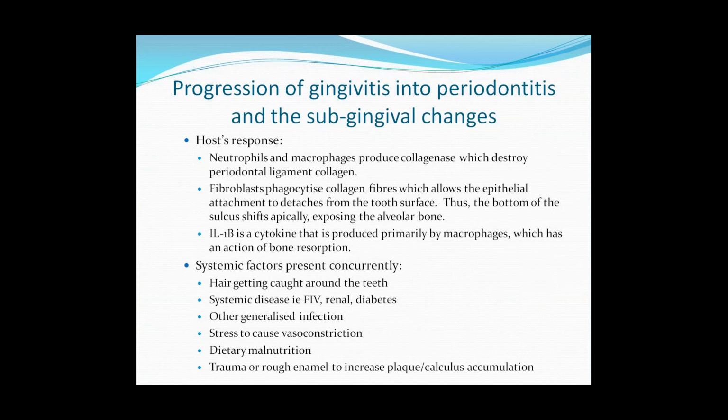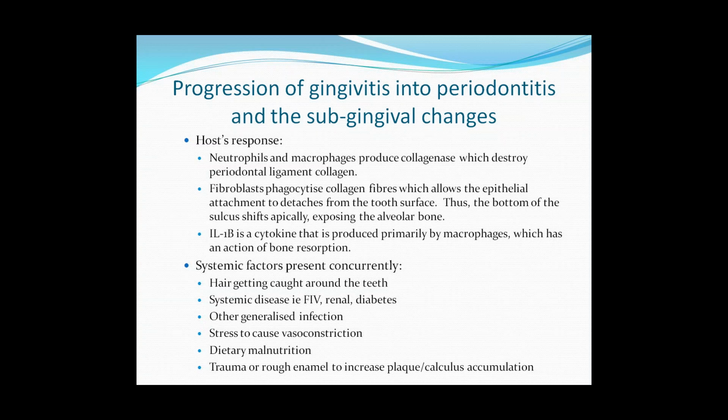There's also a host sequence here as well, where a dog with hair around the muzzle, for example, could get hair caught around the teeth, entrapping bacteria. Animals with systemic diseases like FIV, renal disease, or diabetes, anything that causes stress and vasodilation.